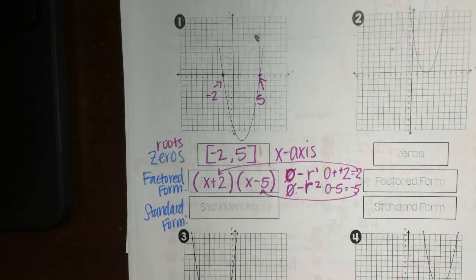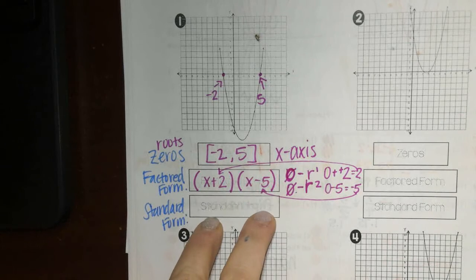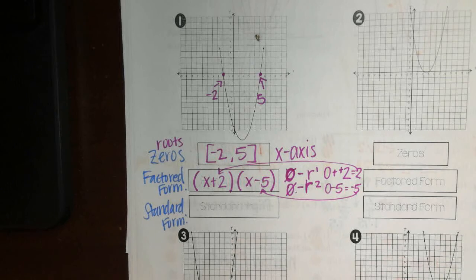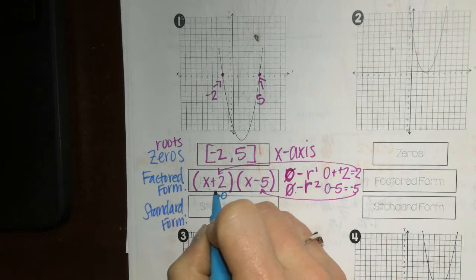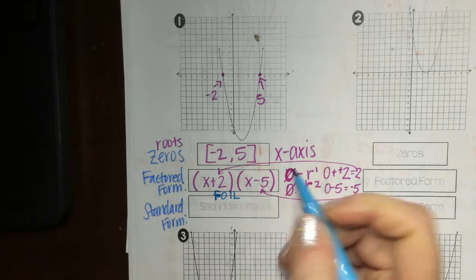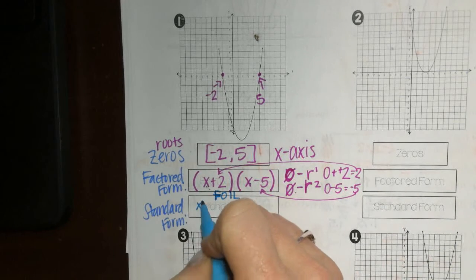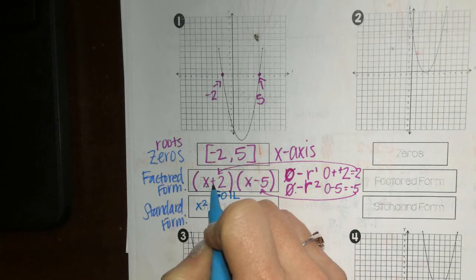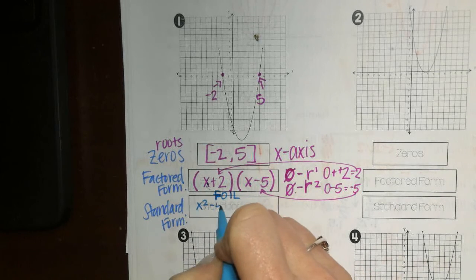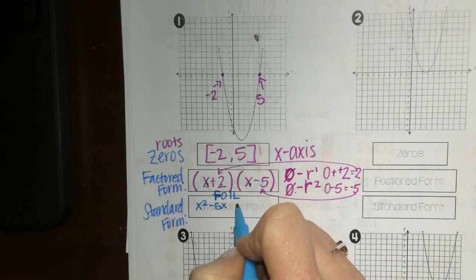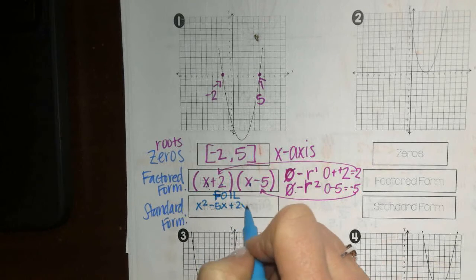To get from here to standard form, this is a trinomial answer, we're going to have to FOIL. X times x is x squared. X times -5 is -5x. 2 times x is 2x.